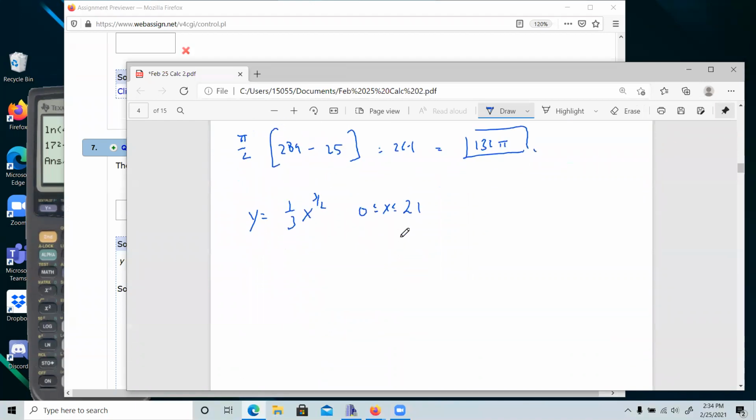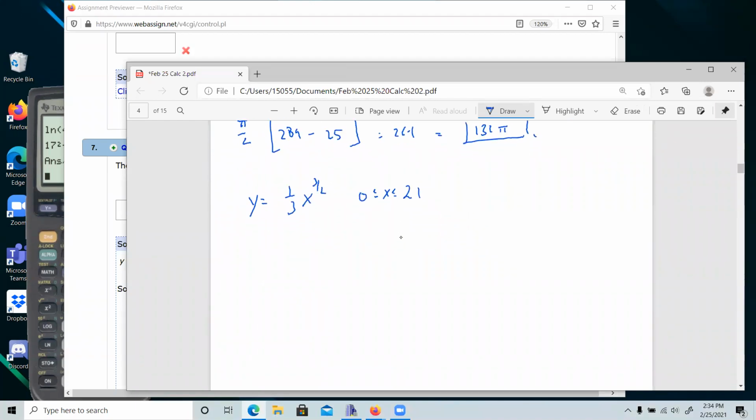So just like we had for this one, this distance here, rather, was y. If we're going to rotate around this axis, then we're going to have some kind of a curve, and this distance, my radius, is going to be x.